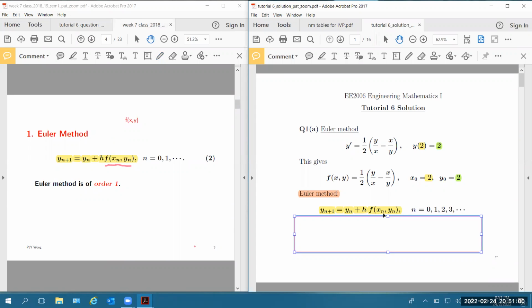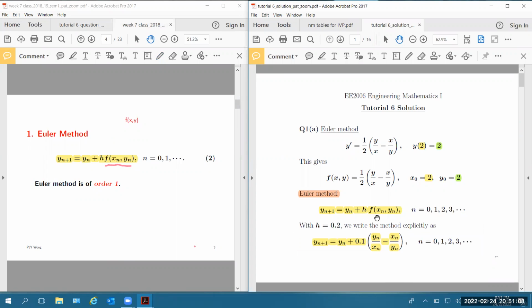The f(xn, yn), go and write out explicitly. And well, you can put in your h as well. You put in explicitly, so your function f(xn, yn), meaning that you put your x as xn, put your y as yn, right? So then you get to here. Now, this is the formula that you use for your calculation.